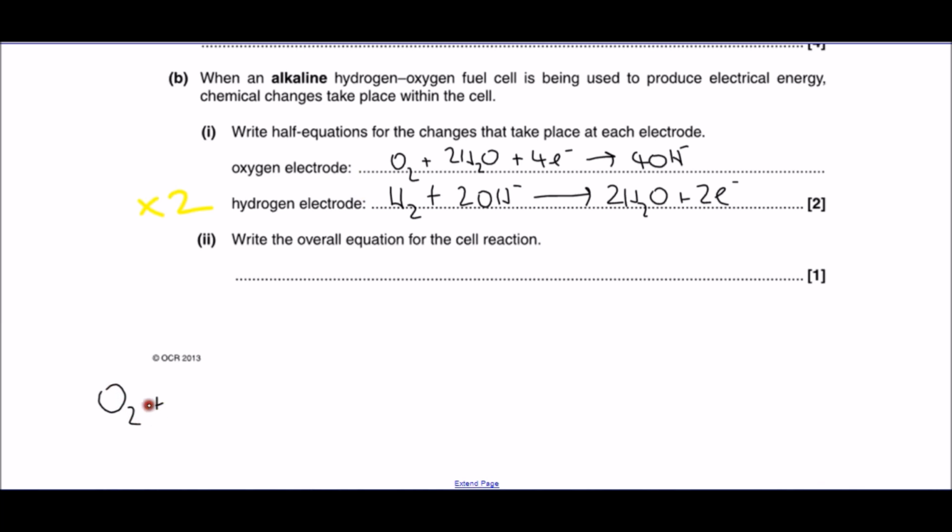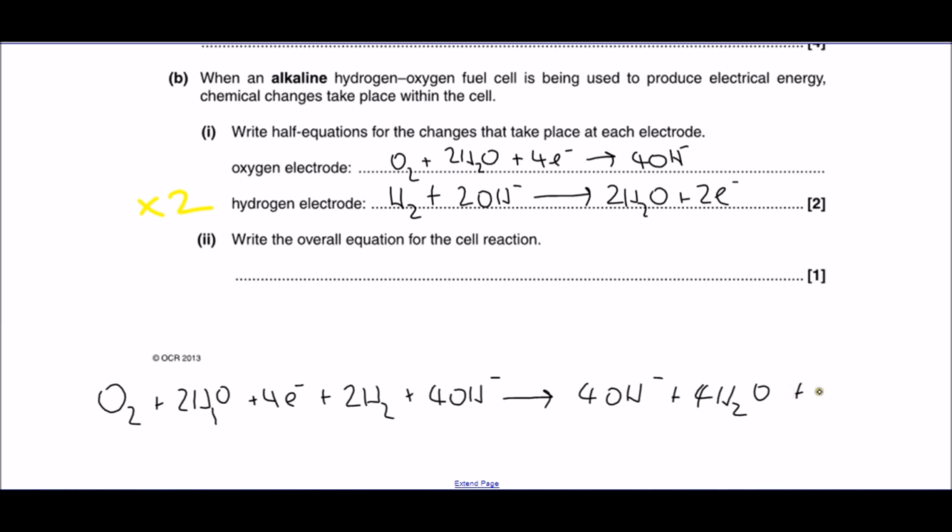So we've got O2 + 2H2O + 4e- from the top half equation. And then for the bottom, 2H2 because we're multiplying, and 4OH-. On the right, the top equation gives us 4OH-, and the bottom gives us 4H2O and 4 electrons.